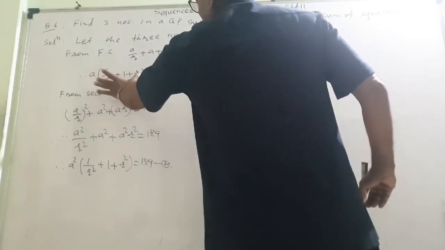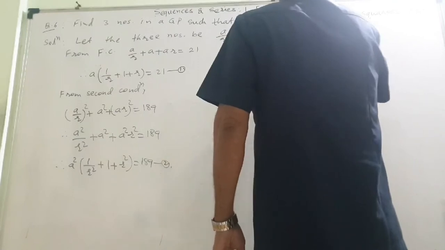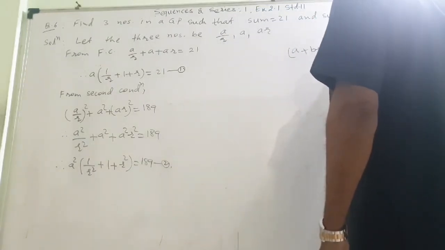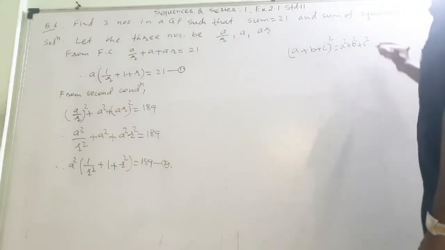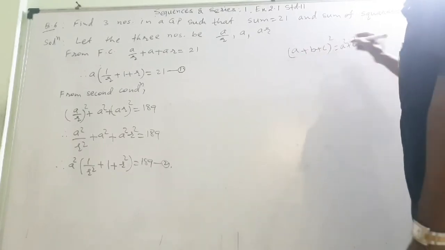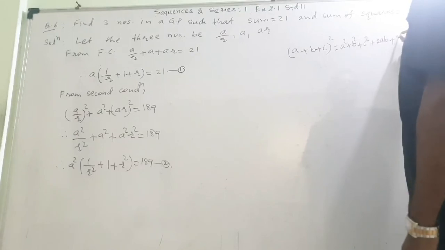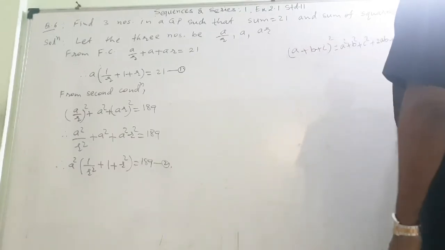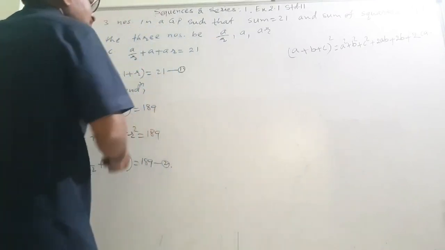This I can square, but this how? A plus B plus C bracket square is equal to A square plus B square plus C square plus 2AB plus 2BC plus 2CA. This was the formula. Same formula I will use for this.